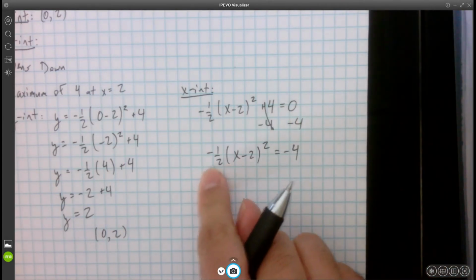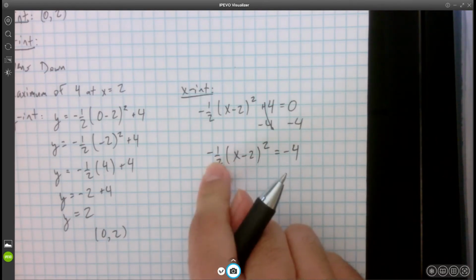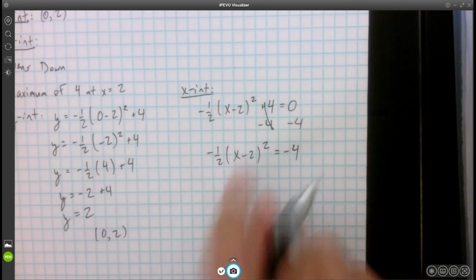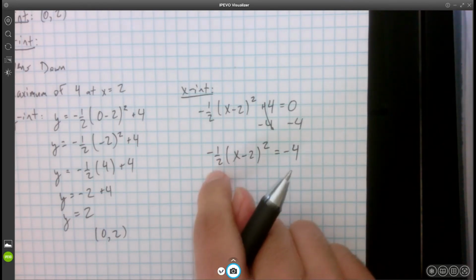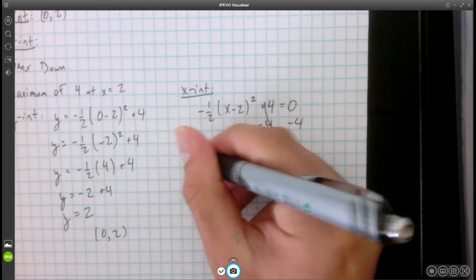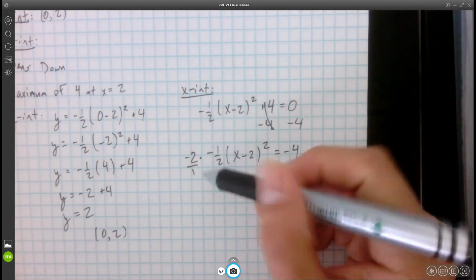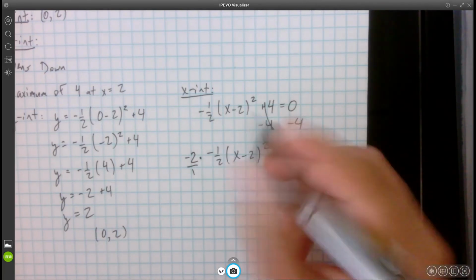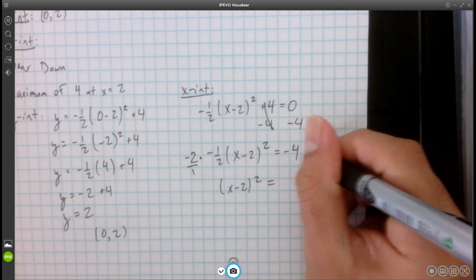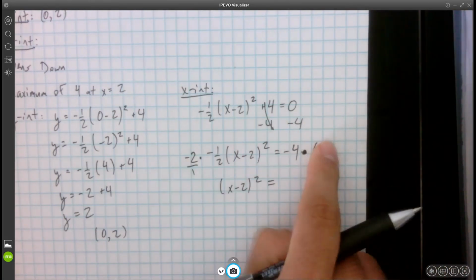Notice that negative 1/2 is a coefficient, telling me to take negative 1/2 of all of this. So I need to multiply by the reciprocal of negative 1/2, which is negative 2 over 1. That leaves just the square on the left side, and I multiply by negative 2 on both sides.